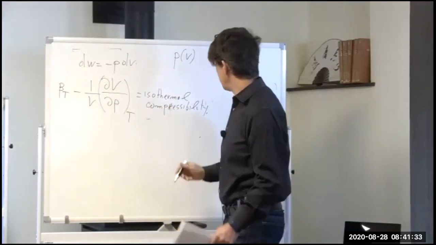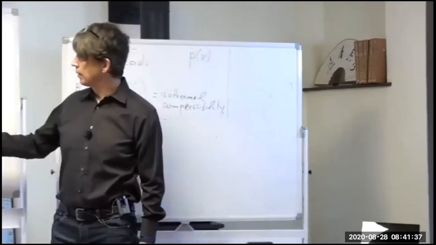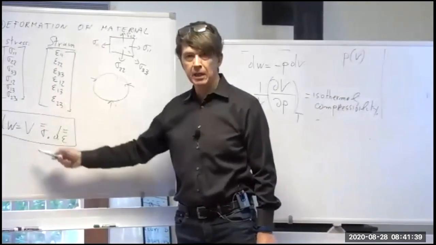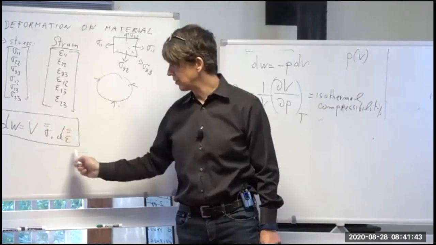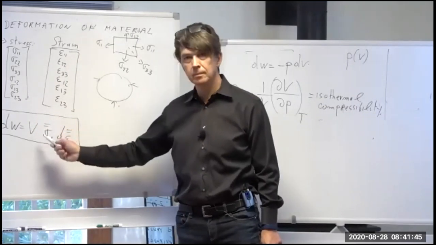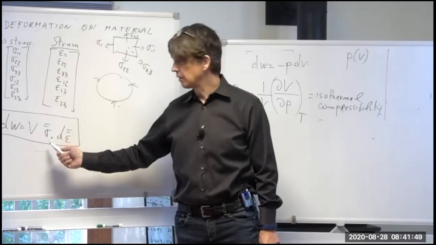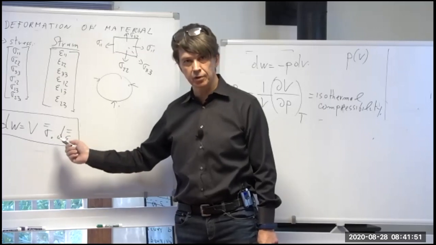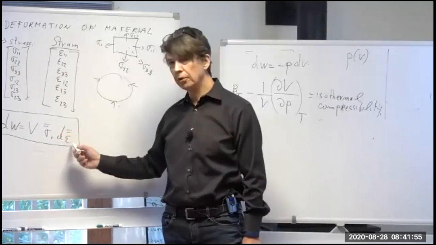So in general, if I went back to the generalized mechanical work term, what would I need to integrate this in general? I would need the compliance or the elastic tensor, right? Because I would need the relation between all the sigmas and all the epsilons.